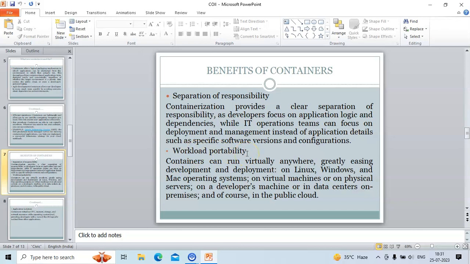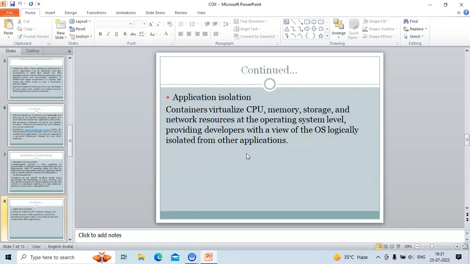That is, the containers can be run virtually on any OS, that is operating system, like Linux, Windows, Mac, or even on virtual machines, physical servers, public cloud, etc. Third benefit is application isolation. It means, as we know, containers virtualize the CPU, memory, storage and network resources at the OS level, so it provides the developers with a view that all the applications are isolated in the OS.